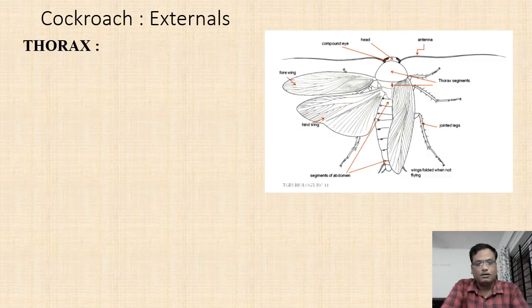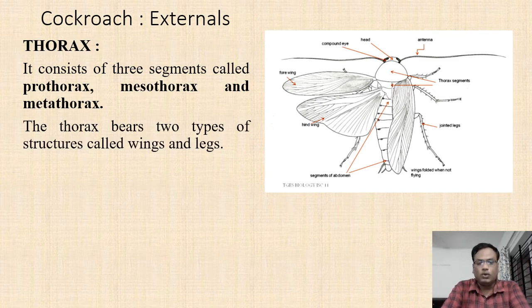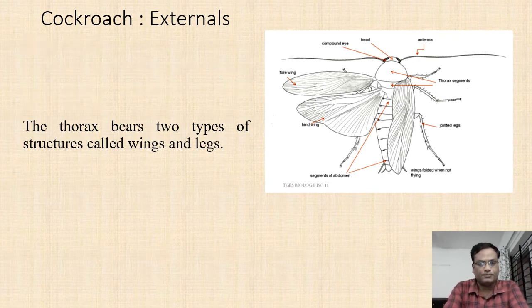Then continuing with the thoracic part, the thorax is made up of 3 segments called prothorax, mesothorax, and metathorax. The thorax consists of 2 important structures. So in the thoracic region, we find the legs and wings. So cockroach consists of 3 pairs of legs and 2 pairs of wings. Now that's about the thoracic region.